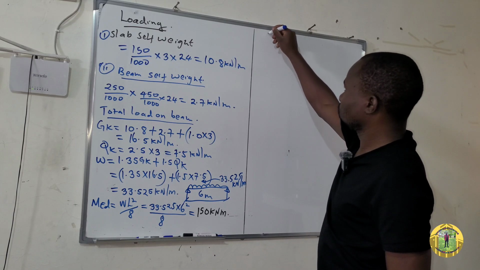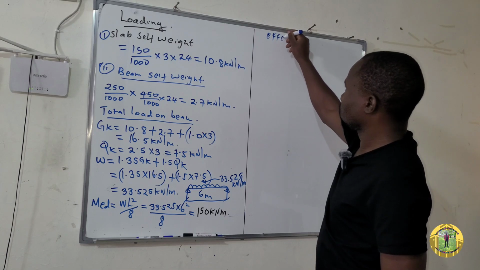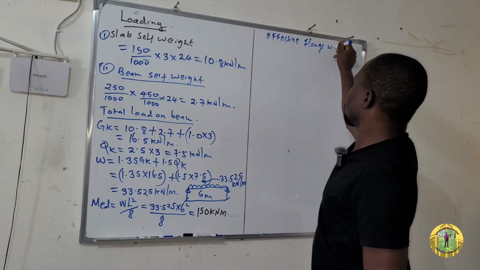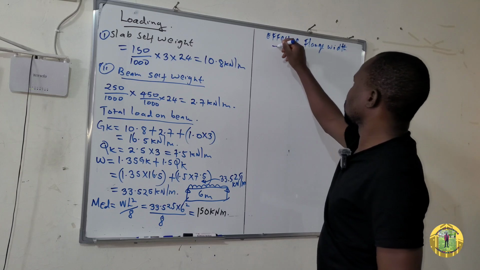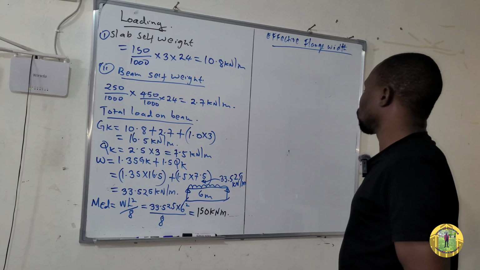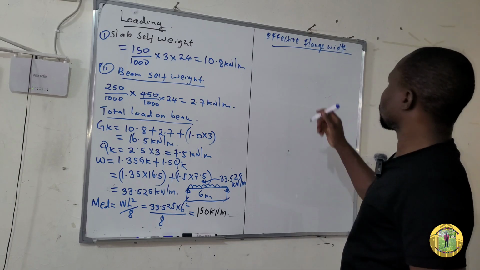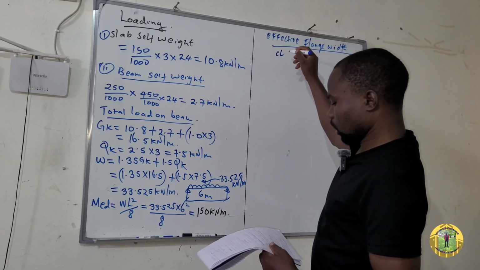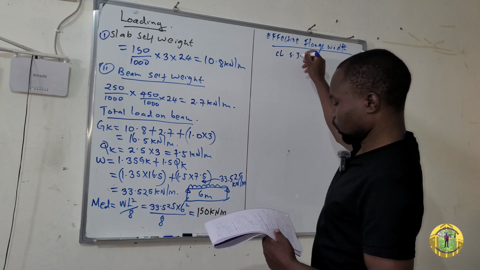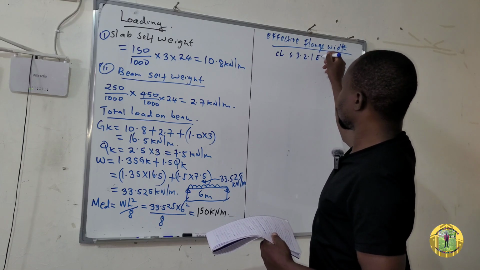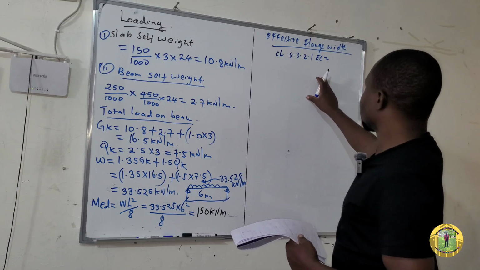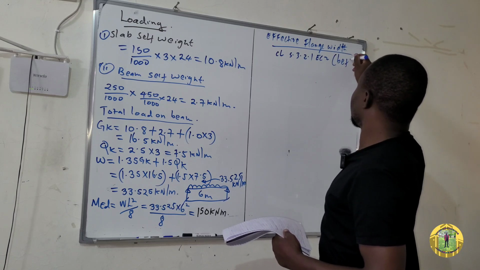So effective flange width. It is found in clause 5.3.2.1 of Eurocode 2, and it is abbreviated as BEFF.